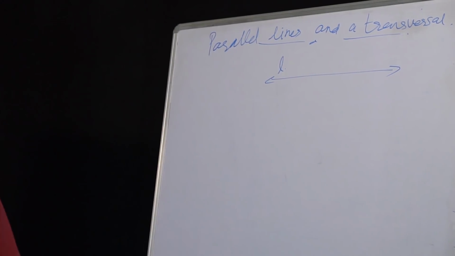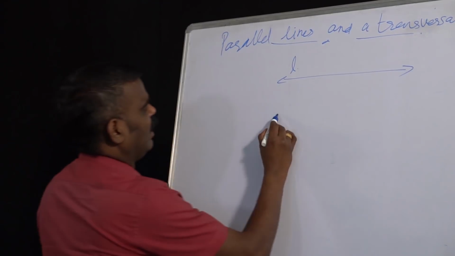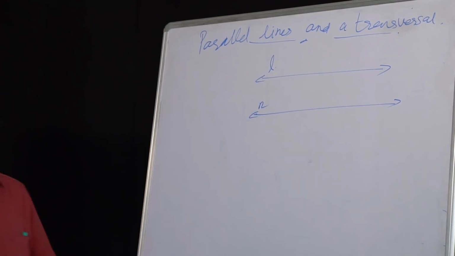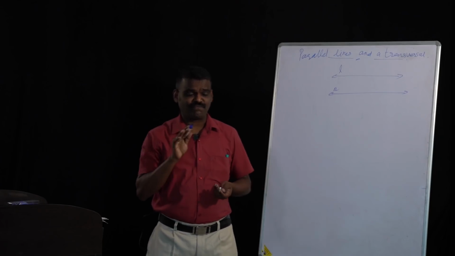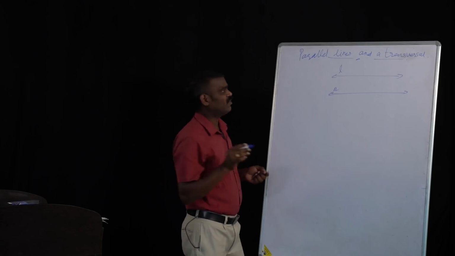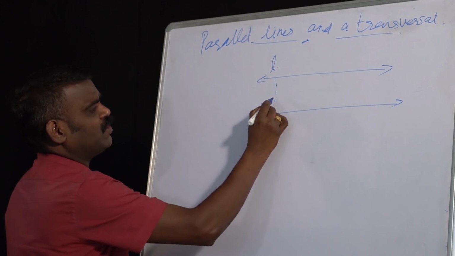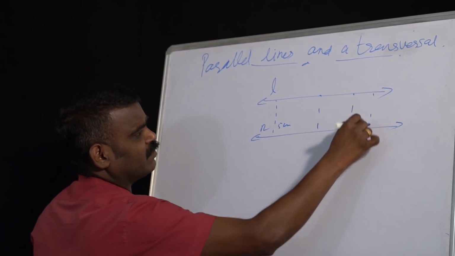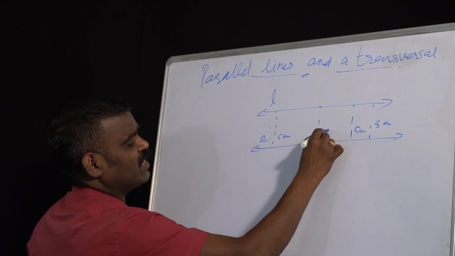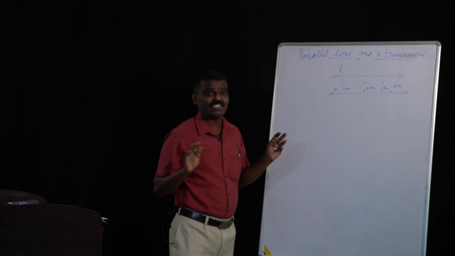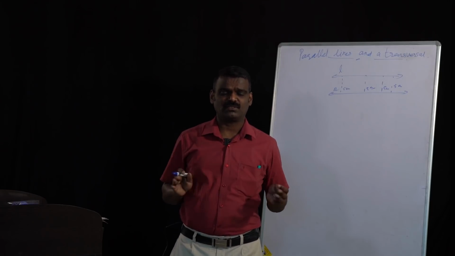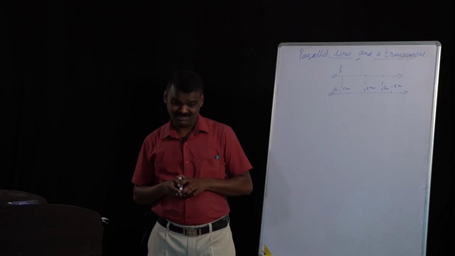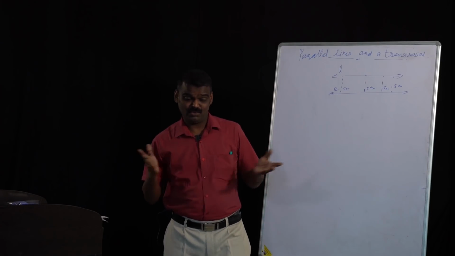Line L and line N. These two lines can be called parallel if the condition is met: suppose the distance from L to N is 5 centimeters, it should be everywhere 5 centimeters. Then it is called parallel, otherwise not. Clear? Okay.